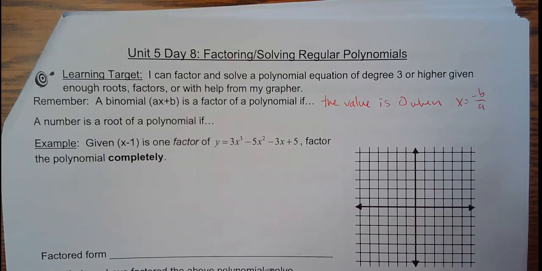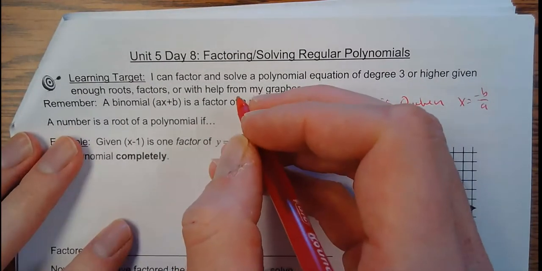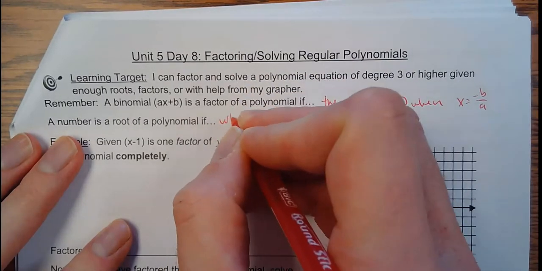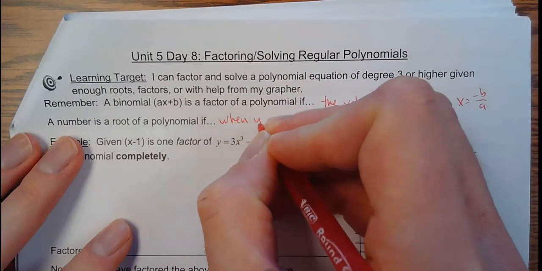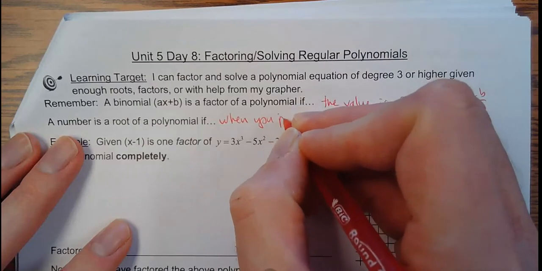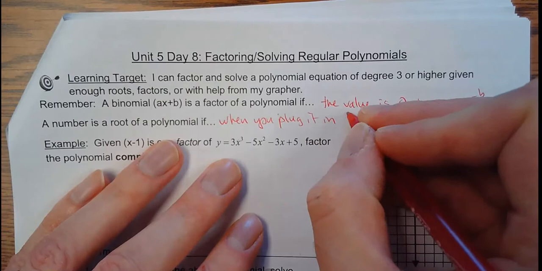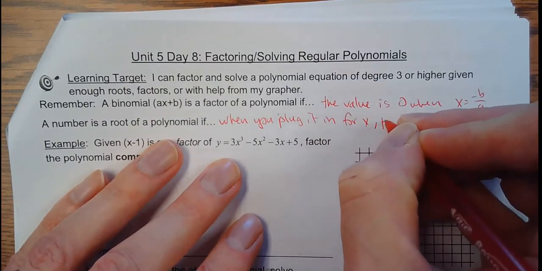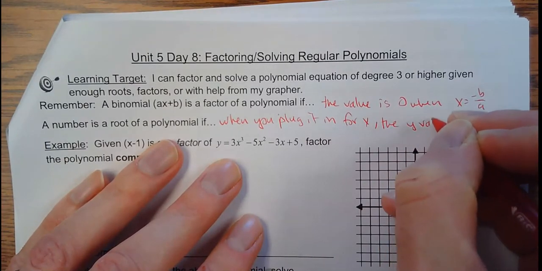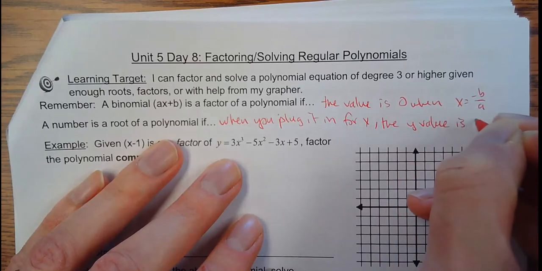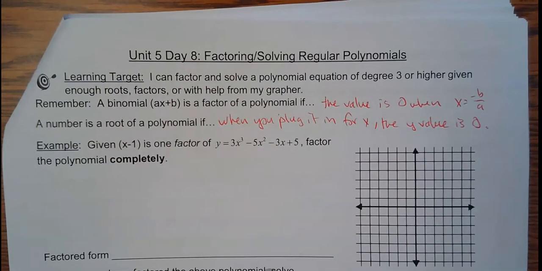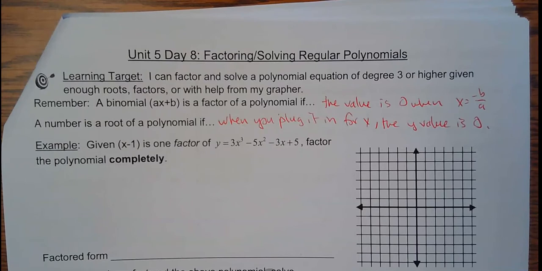We kind of knew that already. A number is a root of a polynomial if, when you plug it in for x, the y value is 0. So a root and a 0 are the exact same thing.